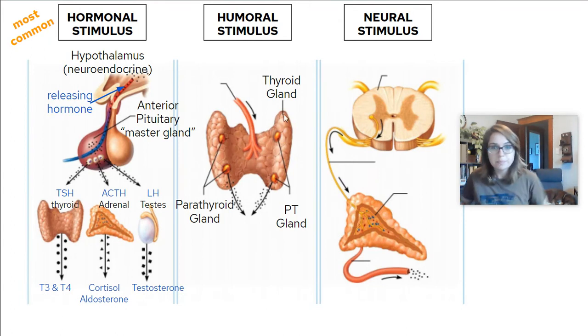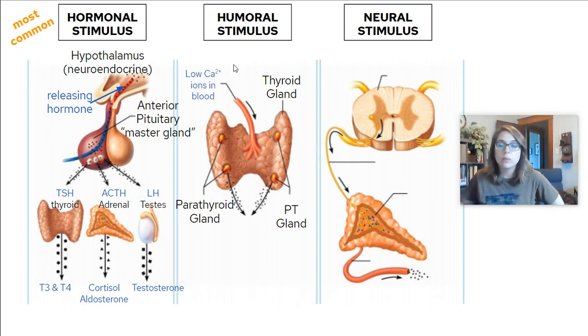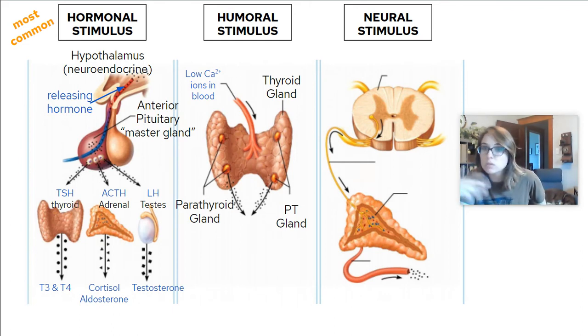There's 4 of them. So what happens in this blood stimulus, humoral stimulus, is that I have a drop in calcium for whatever reason in my bloodstream. I haven't had enough to eat today, or my bones are absorbing more calcium because they're repairing themselves due to exercise, or maybe a fracture, whatever. I have low calcium in my bloodstream.